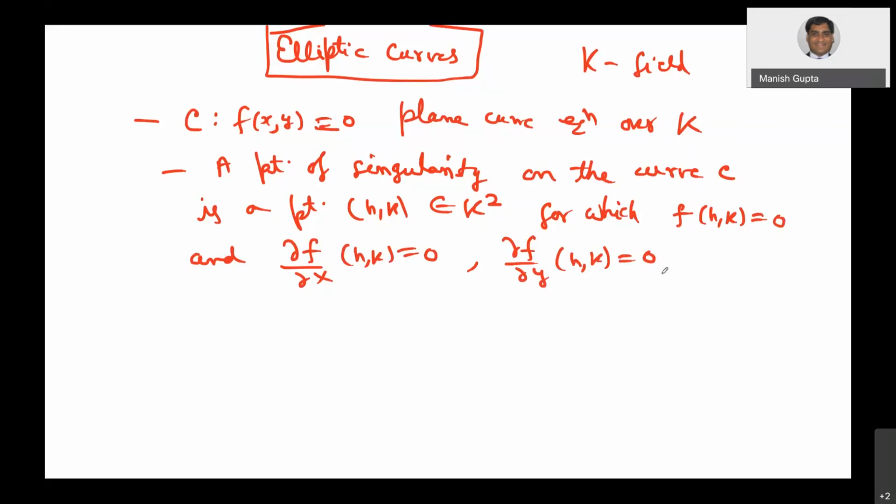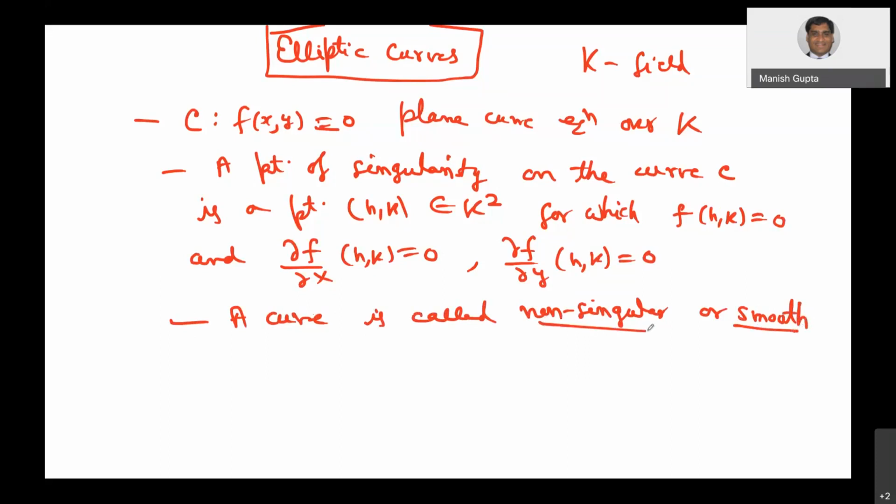Okay. So a curve is called non-singular or smooth if it contains no points of singularity.